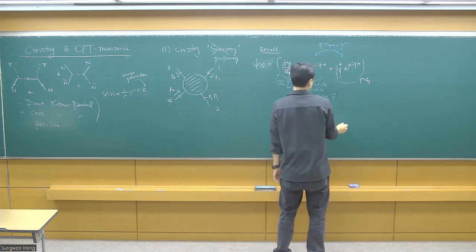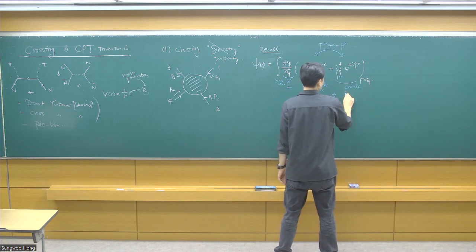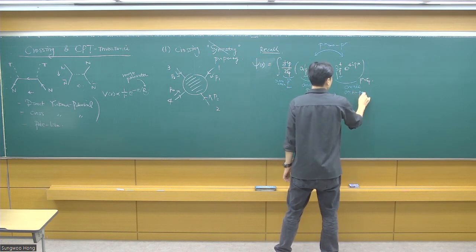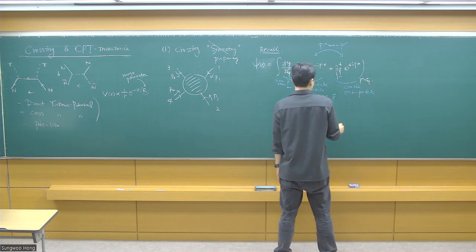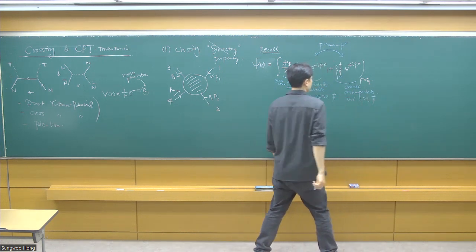And in this case, it says that you can create, I'm just repeating all you know now, an antiparticle on the other hand, but also with physical energy and the same 3 momenta.